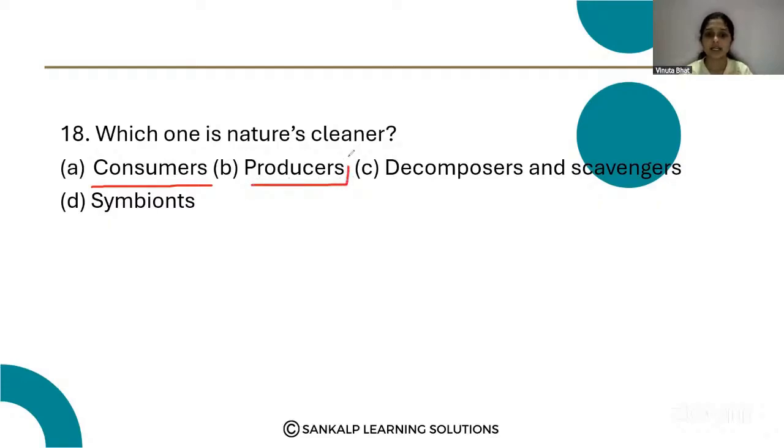Producers utilize the sunlight and are not called nature's cleaners. Decomposers and scavengers act on dead and decaying material. They degrade the dead and decaying material, convert the organic matter into simple inorganic matter and transfer the nutrients to the soil. So they clean the environment.